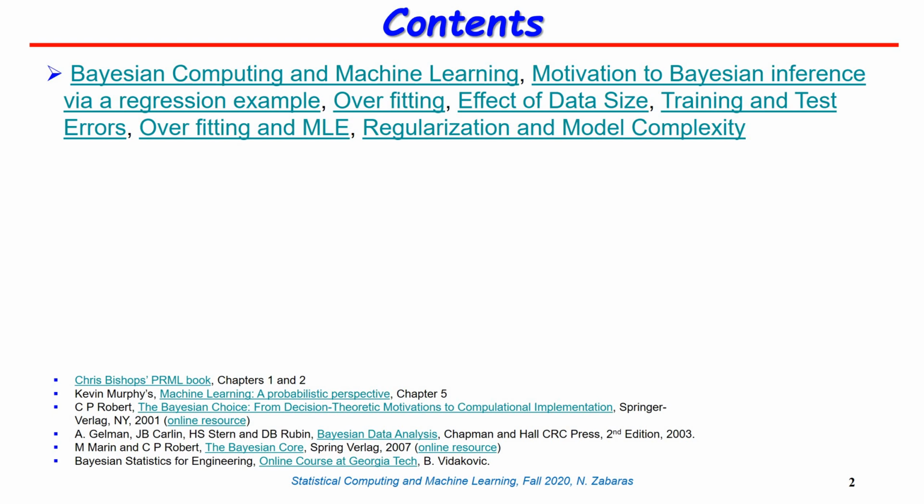We will talk mainly about polynomial regression models, in particular because I'm interested to bring up the ideas of overfitting, the effect of the data size, and also to introduce things such as the training and the test data sets, the concept of generalization, and also for us to see that the well-known least squares type of estimates for these regression problems are actually identical to maximum likelihood estimation.